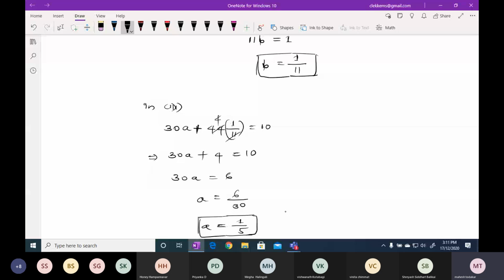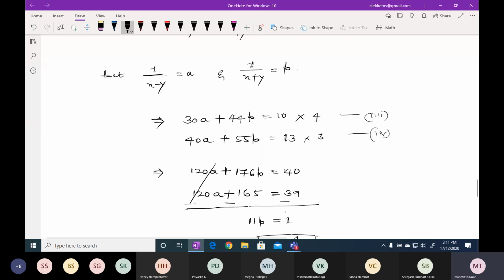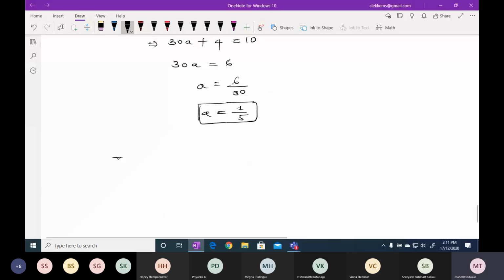Once you have a is equal to 1 by 5, next what you need to do? By taking these two values, what you need to do? You know it very well. We have taken 1 by x minus y means a, so 1 divided by x minus y, but a value is what here? 1 by 5.